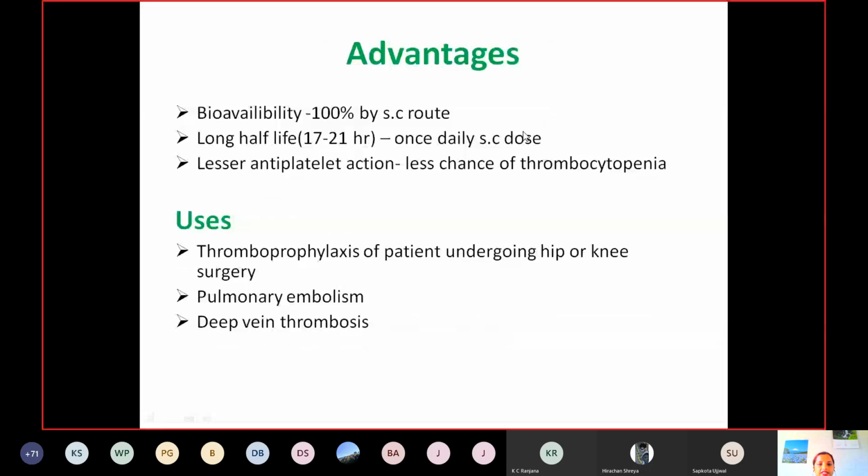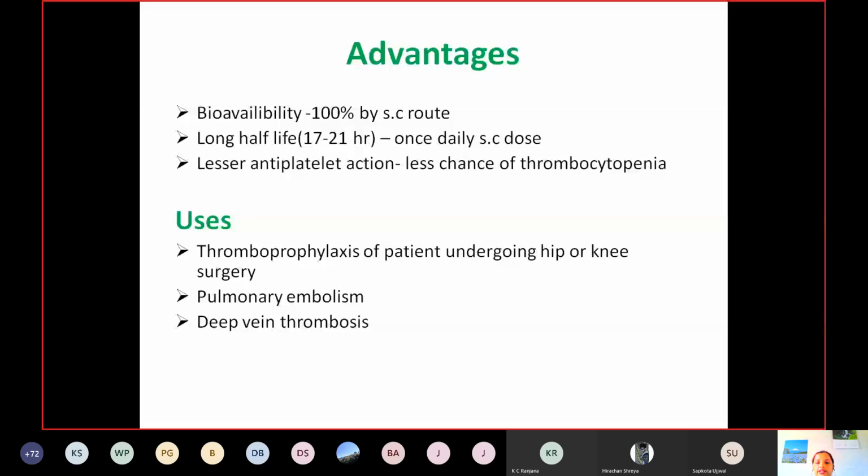Advantage: bioavailability is 100% by the subcutaneous route also, so you can give it easily by the subcutaneous route. Long half-life, that is 17 to 20 hours, so you can give a once daily dose. No frequency of dosing. Lesser antiplatelet action, so less chance of thrombocytopenia.